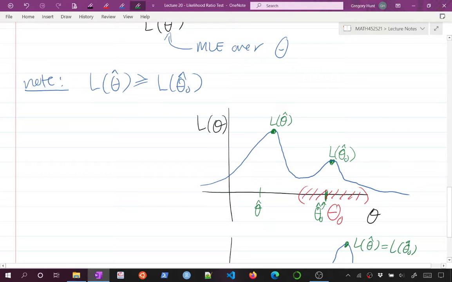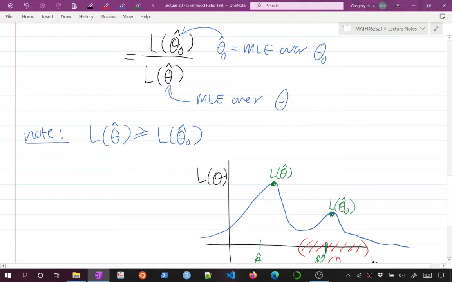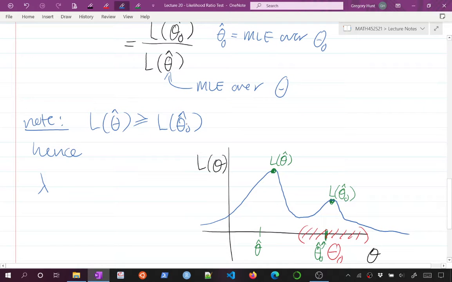So it's always true that, going back to our LRT statistic lambda, the numerator is always smaller than or equal to the denominator. So this thing is always less than or equal to 1, and certainly positive, because the likelihood function is always positive. Our first note is that, interpreted this way, the LRT test statistic is between 0 and 1.